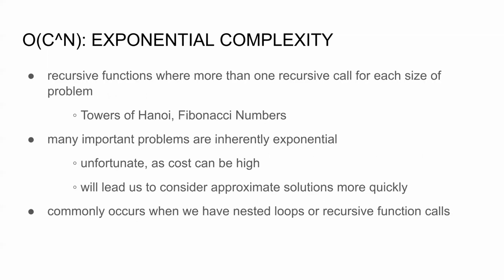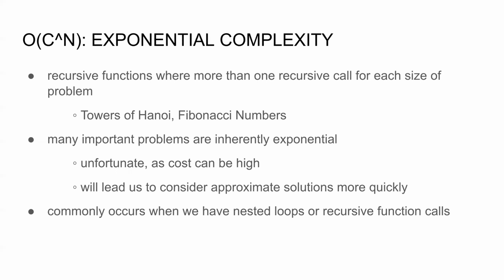And finally, exponential, which is pretty bad complexity. You want to avoid those exponential ones, right? Like Fibonacci numbers, Tower of Hanoi, those are exponential. That's why it's a famous problem, which takes a long time to solve the puzzle. Very many important problems are exponential, unfortunately.